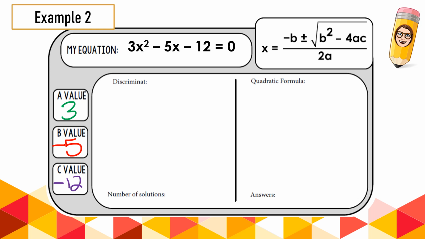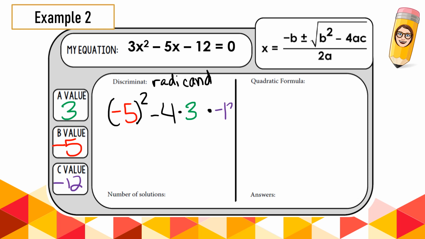Let's find our discriminant. Discriminant is the radicand. Make that note if you need to. So I'm going to care about b squared minus 4 times a times c. Let's try that again. B squared minus 4 times a times c.